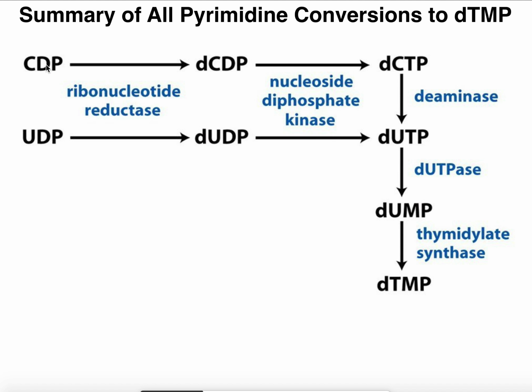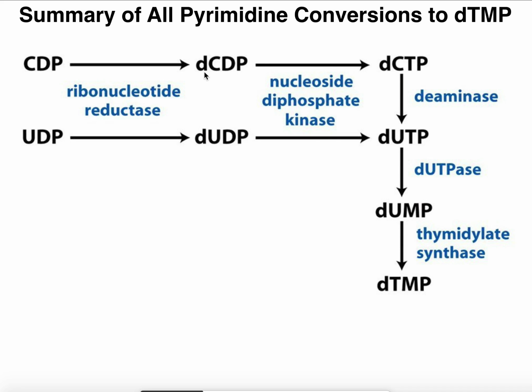But once they're in their diphosphate forms, CDP and UDP, ribonucleotide reductase will convert the ribose ring into the deoxyribose ring. And anytime we have that deoxyribose ring, we stick this little D out in front, and we say dCDP or dUDP. So this would be deoxy-CDP, deoxy-UDP. So it seems like a lot of work, but again, you have to get them into the diphosphate form first.